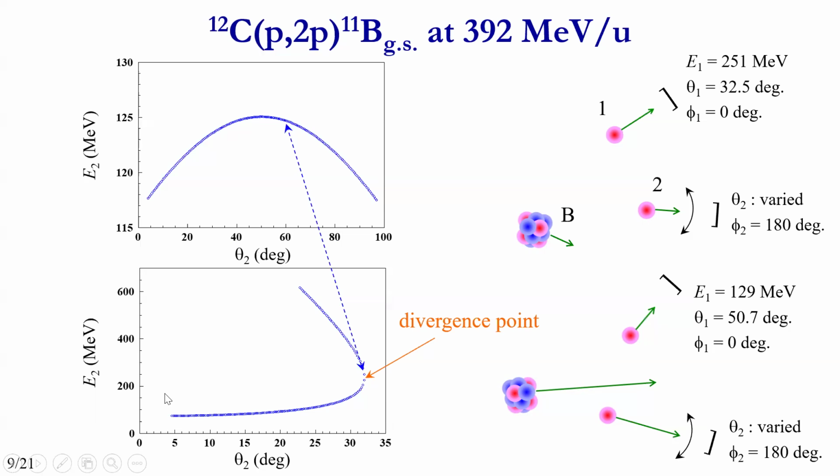But in inverse kinematics, that is not the case. So there are 2 solutions. And when the solution has a double root, I can show that the cross-section diverges, actually. So this clearly shows that in inverse kinematics, you should choose E2, not theta 2, as an independent variable.